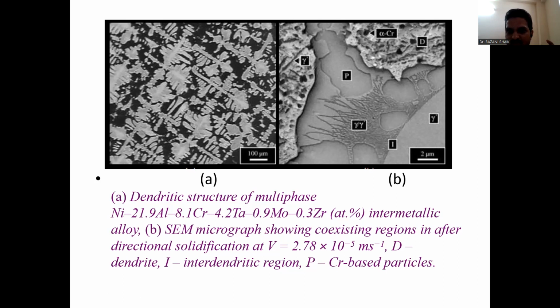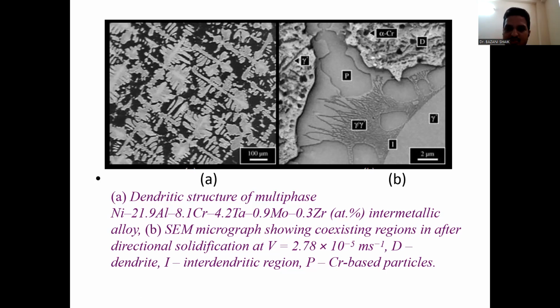You can observe these structures, where I is the interdendritic region and P shows the chromium-based particles, and these are the gamma and alpha phases. Alpha is the chromium. These are the phases involved in these regions. This picture shows the importance of improving strength and applicability in many industries.